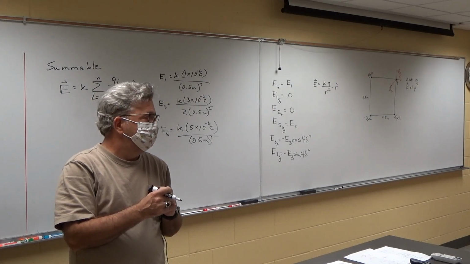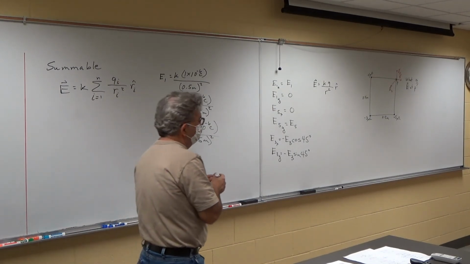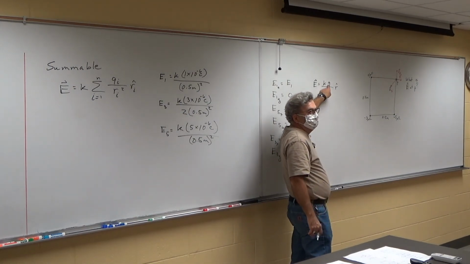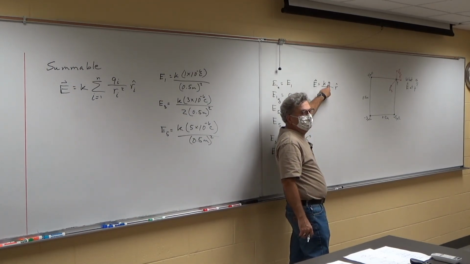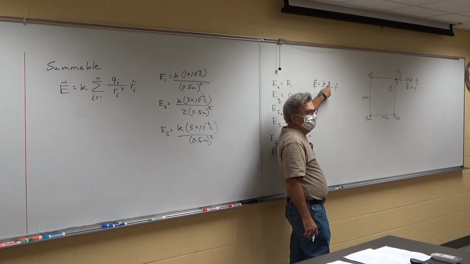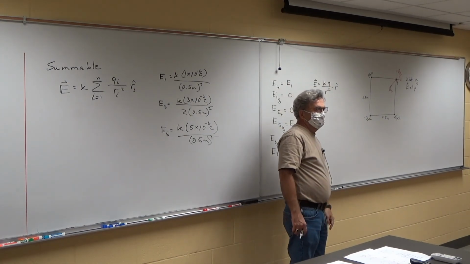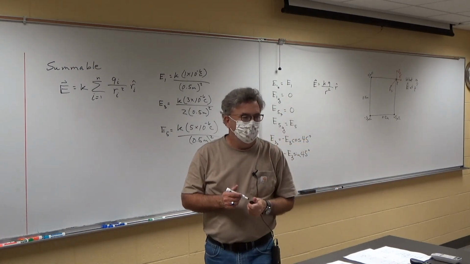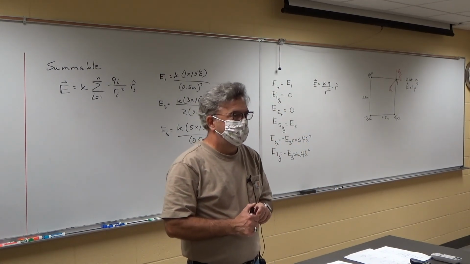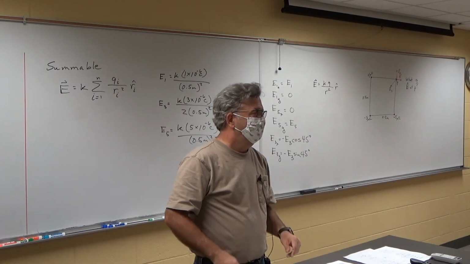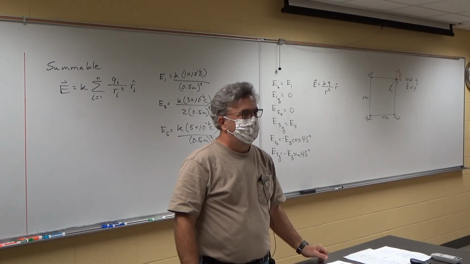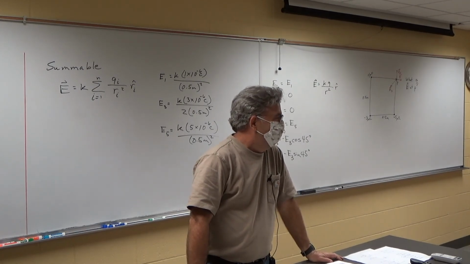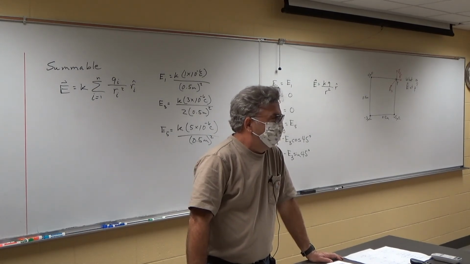So we'll take these blobs of charge and break them up into little bits of Q. So we'll have little delta Q's and we'll take the limit as delta goes to 0. We'll do Riemann sums and have all kinds of fun. You need to lose your fear of Riemann.